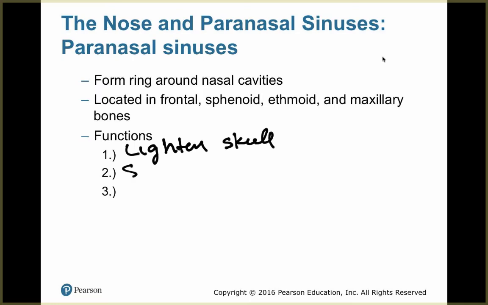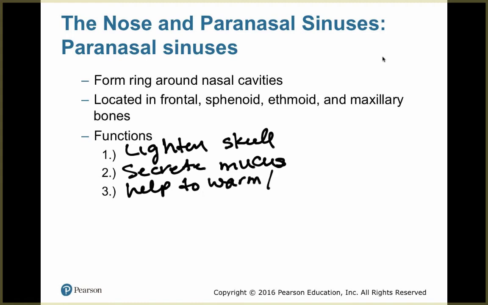They help for the secretion of mucus, and they help with warming air. And we're going to look at all this here in a second so that you can actually see where everything is. So those are the most important functions of the paranasal sinuses.